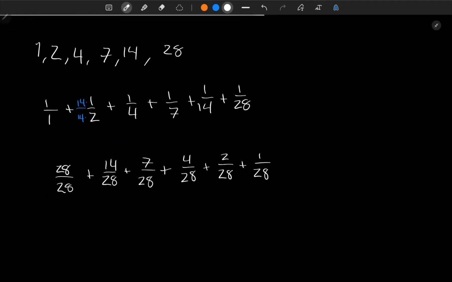But we can now sum all of the numerators together. So we get the following. We know that 14 is equal to 7 plus 7, and 4 plus 2 plus 1, so these three added together is 7. So these sum to 7. Then 7 plus 7 is 14.